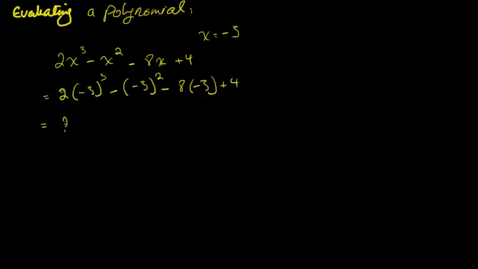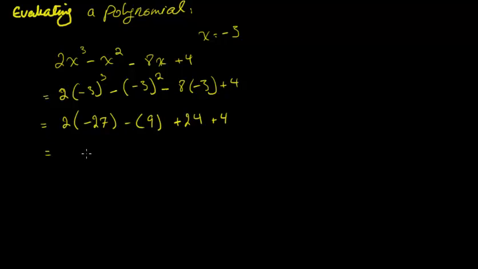Then 2 times (−3)³ is −27, minus (−3)² is 9, minus 8 times −3 gives positive 24, and 4.